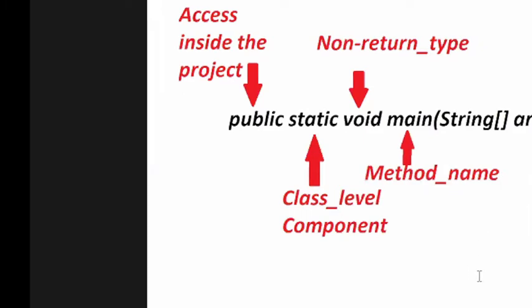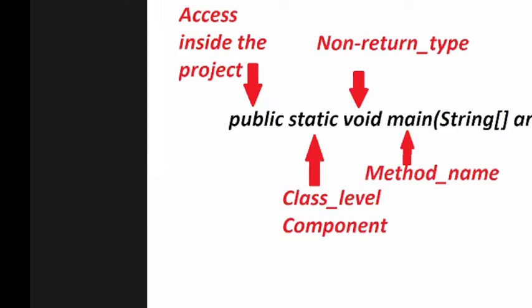All have understood this up to here, right? On day one, I could not say this. Today you understood public means access inside the project. Okay. The remaining part, String args, we are not decoding, because non-primitive data types are of how many types? Four: class, interface, array and enum.